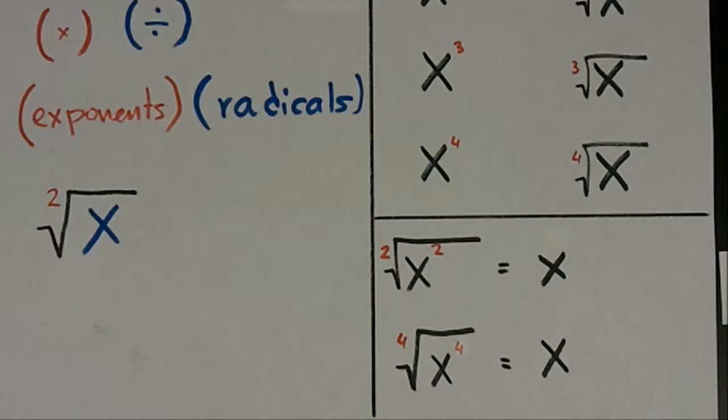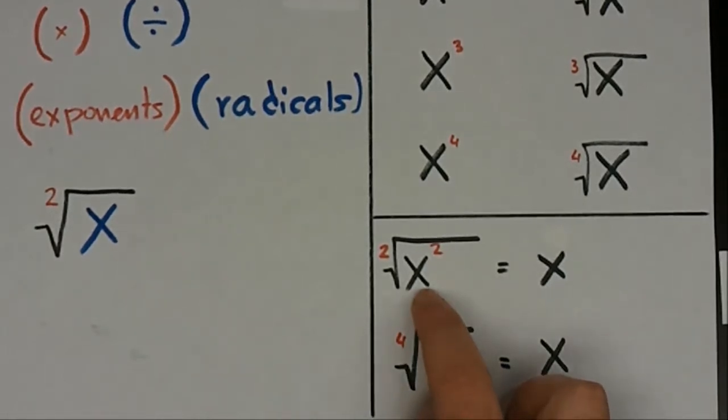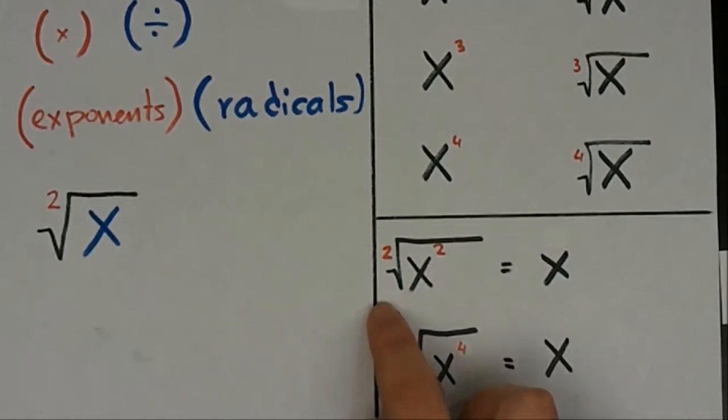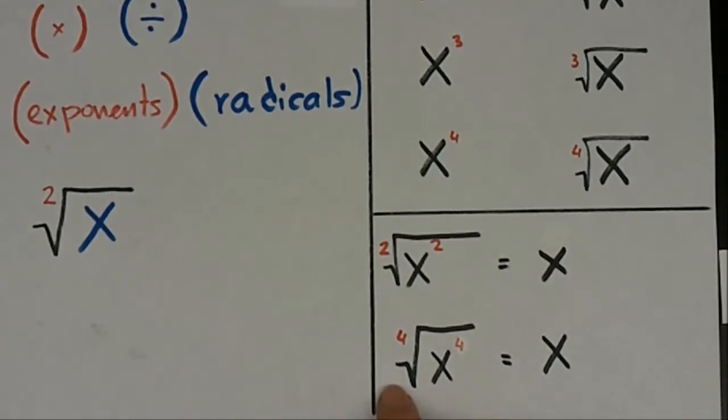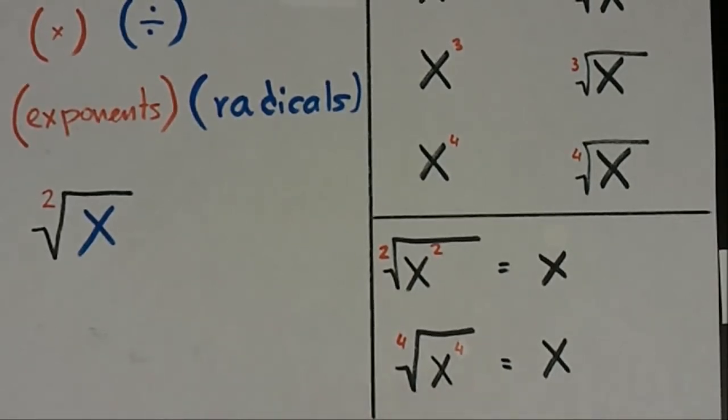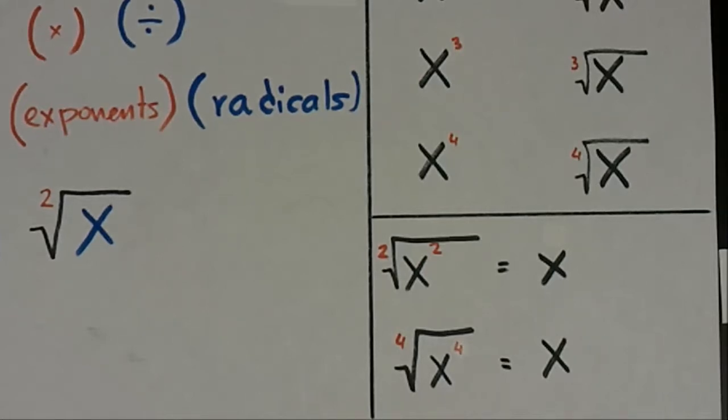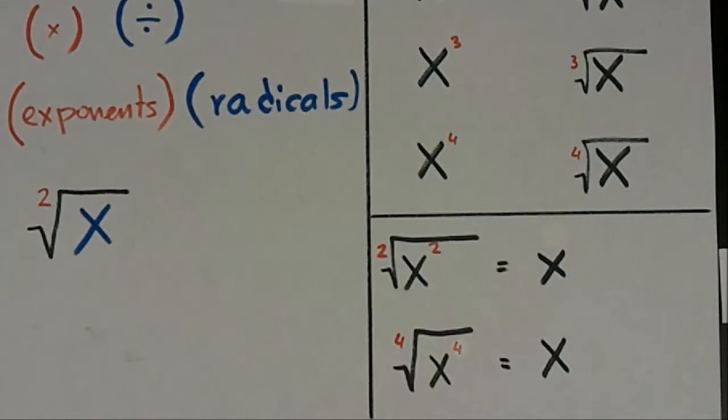If that's the case, they are opposites and you can get rid of them. So here you have x to the 2nd power under the radical of 2nd power, you're left with just an x. Here you have x to the 4th power, it's taken under the radical of 4, and it's just an x.